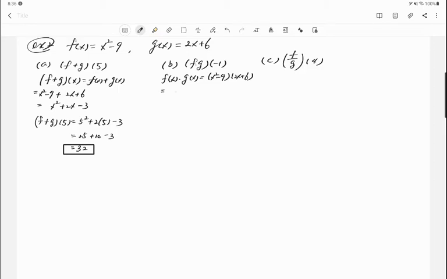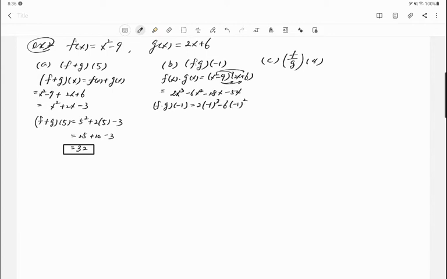So distribute it: 2x cubed, then negative 6x squared, multiply these two, then negative 18x, multiply these two, then negative 54. All right, then we will replace x with what? Negative 1. So 2 times negative 1 cubed minus 6 times negative 1 squared.